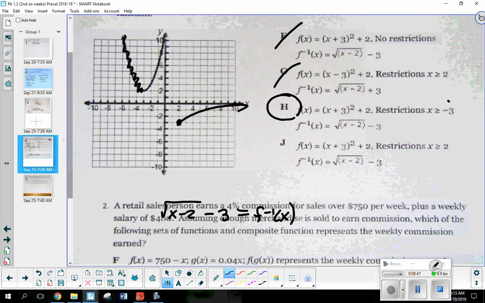See, it was shifted 2 to the right and 3 down. What's the line of symmetry for inverses anyway? Y equals x. It's that linear parent. So if I were to fold along that line, would the two parts come together perfectly? Remembering that I cut the left side of that parabola off. Okay, so there we go.